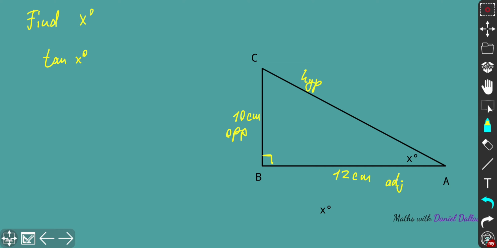If you want, you can use SOH CAH TOA, but make sure you recognize that right now you're given two sides which are legs, and in this case you definitely need to use tangent. So opposite 10 over adjacent 12. That's how we can calculate angle X, by pressing tan minus 1 of the ratio 10 to 12.